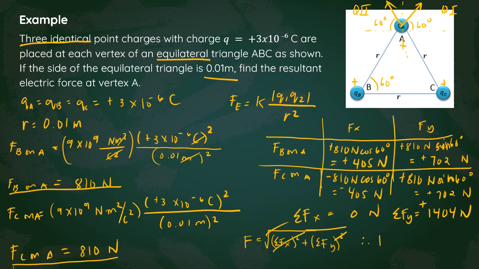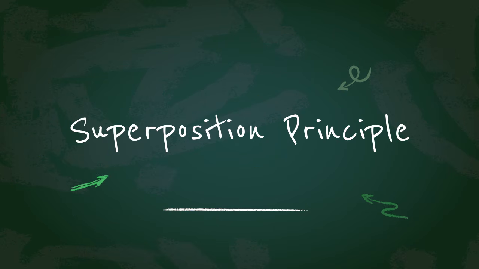So force is equal to positive 1,404 newtons. Or, to be precise, that's 1,404 newtons upward. So this will be our resultant force that is experienced by particle QA as QB and QC exert a force on it. So that's for superposition principle.